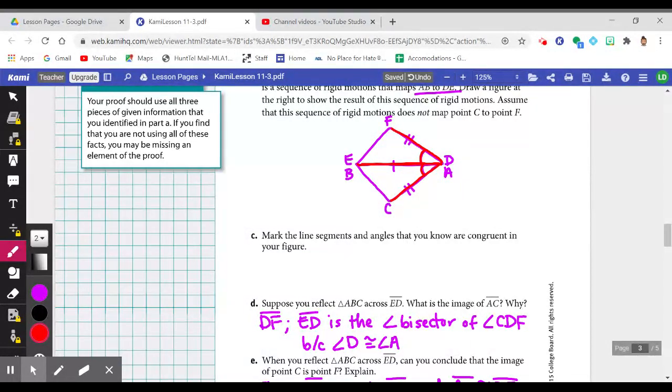You can zoom out a little bit, and think that if these two angles really are congruent, and now we're viewing this as one larger angle, then ED, or BA, another way to look at it, is bisecting angle FDC. So if these two angles are congruent, then this angle that we called angle A can map onto this angle because they're the same measure. And again, it all hinges on our second definition of congruence.